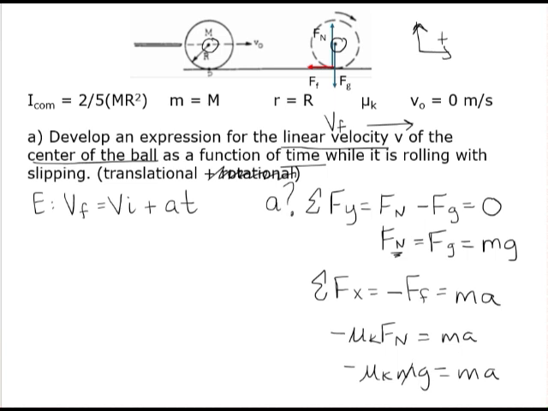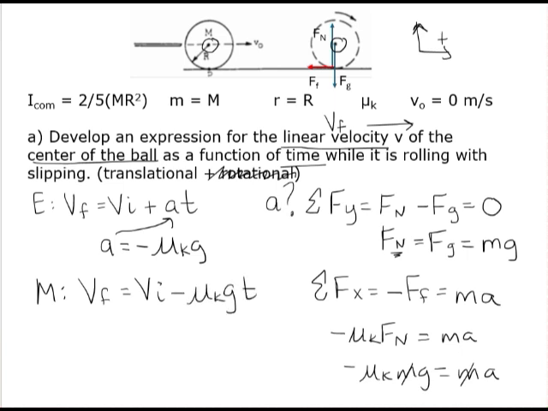From here, I can cancel out the mass on both sides, and I find that the acceleration is equal to the negative coefficient of friction times gravity. And then finally, I can plug it into the expression. Then my final working equation becomes velocity final equals velocity initial minus mu kinetic times gravity times time.